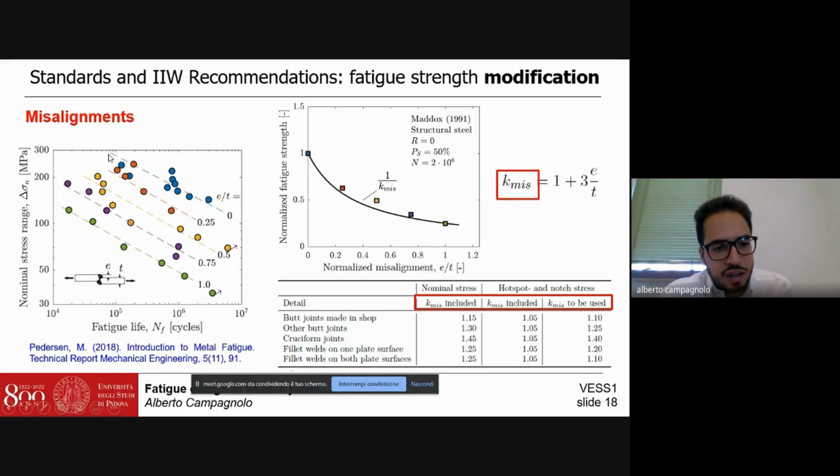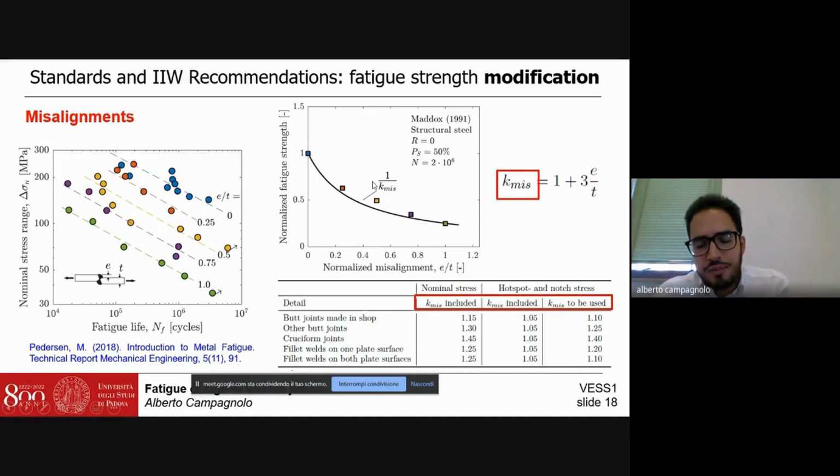So that starting from the fatigue strength curve for no misalignments, therefore E, the offset, equal to 0, when we increase the misalignments of the offset E, we can observe that the fatigue strength reduces. So we have to reduce the fatigue strength category of our welded joints by taking account of the misalignments.